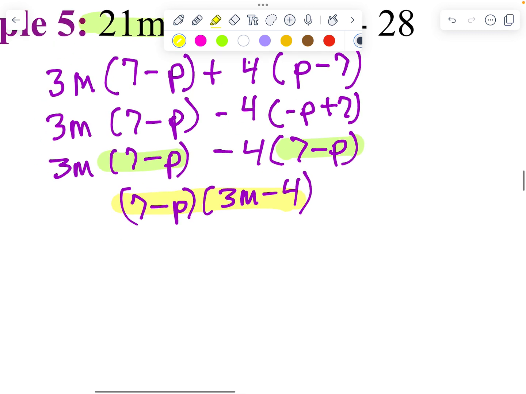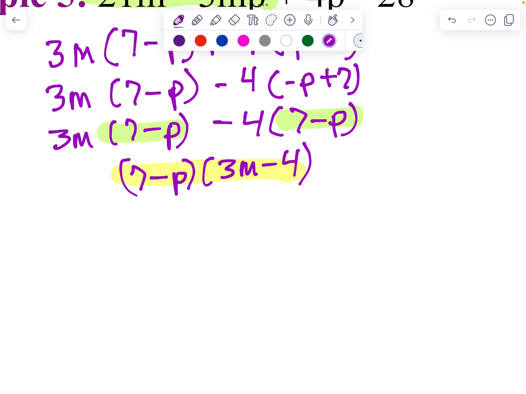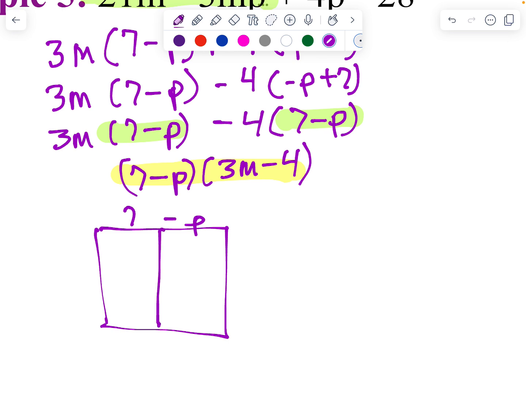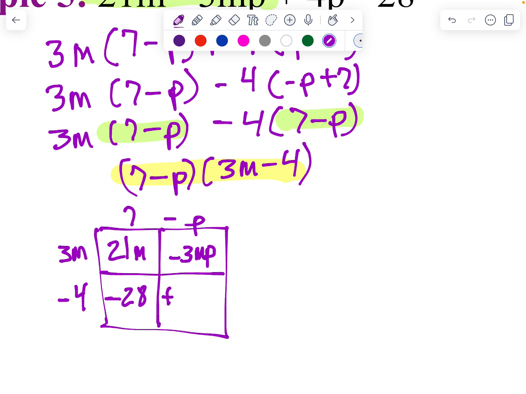Let's actually multiply this one together so we can see it. If I go 7 minus p times 3m minus 4, am I going to get the original problem? Well, I'm going to get 21m minus 3mp minus 28m and then plus 4p.